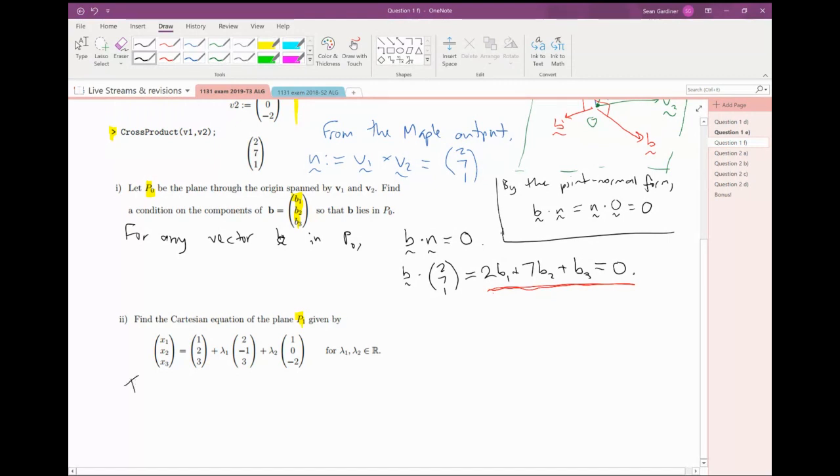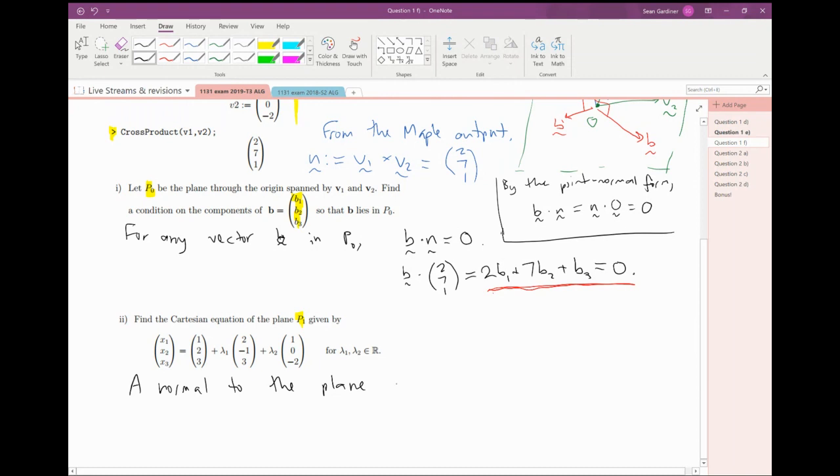So to find the point normal form, what do we need? Well, we need a point on the plane, and we need a normal to the plane, right? You realize the question parts are called little i and little ii. That means they are part of the same exercise. Yes, that's right. So how would I find a normal to the plane?